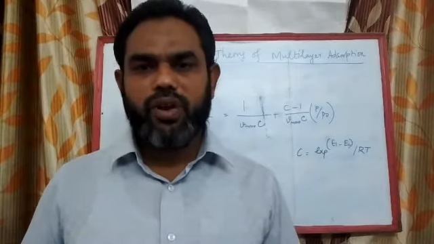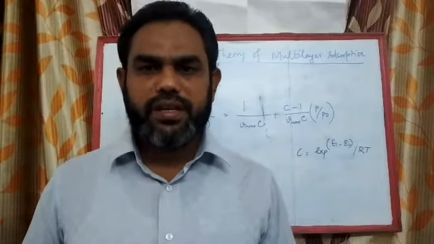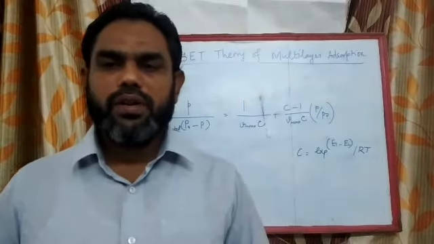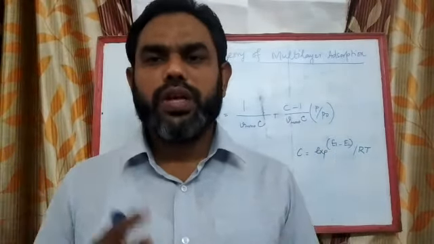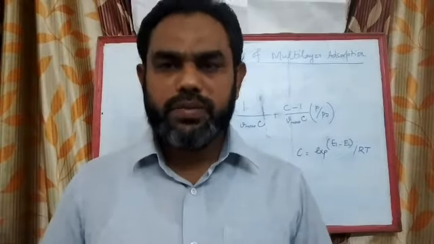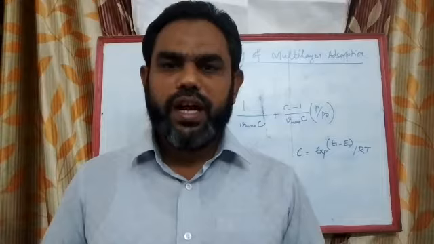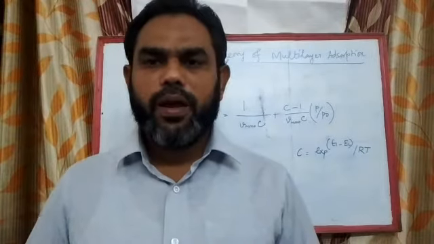Langmuir's theory is obeyed only at a low pressure, and Langmuir's theory is based on the assumption that the surface of adsorbent is very smooth or homogeneous by nature. Naturally, there is no surface which is 100% smooth or homogeneous in nature.